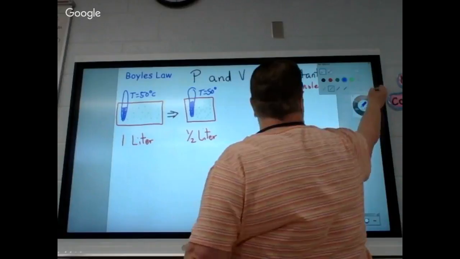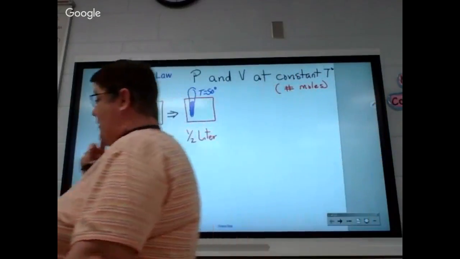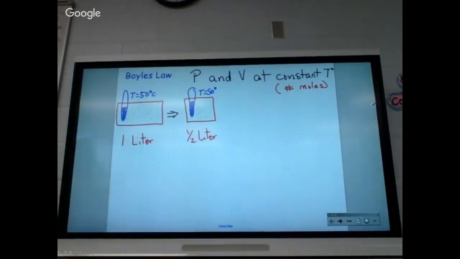Has everybody had a chance to copy the diagram down? All right, so if we look at the picture that's up here on the board, tell me what creates the pressure inside the container so that we can analyze what's going on.